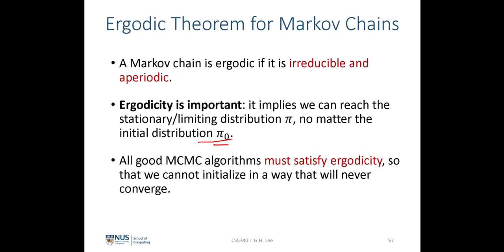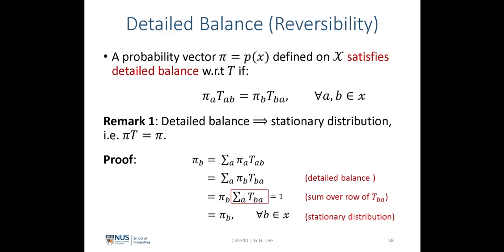In the next few slides, we'll see that all good MCMC algorithms must satisfy ergodicity so that we can initialize with any state of the random variable. That means that we can initialize any samples to take any states, and we are still guaranteed that the sampling will converge to the samples from the target distribution.